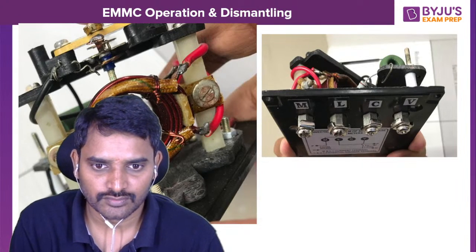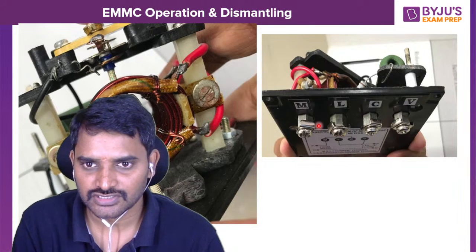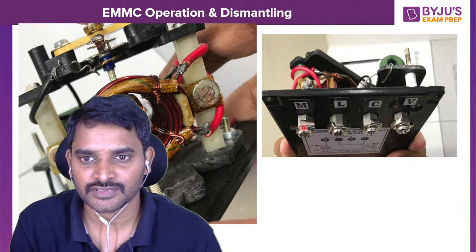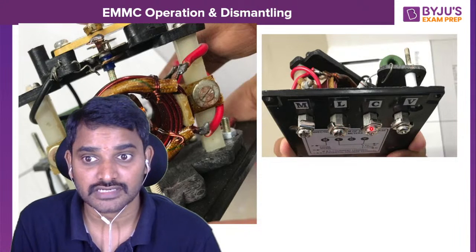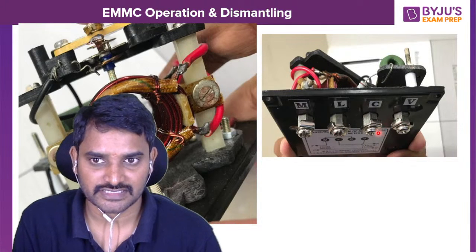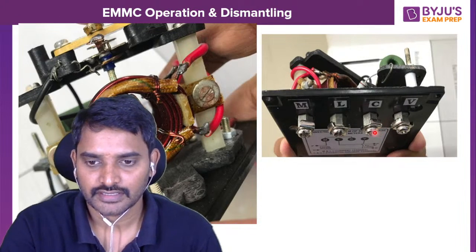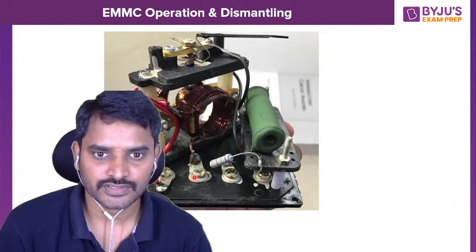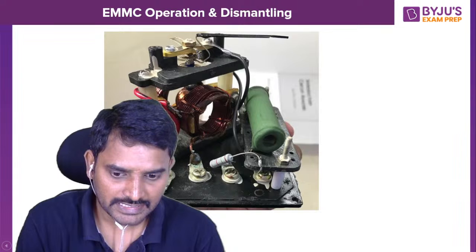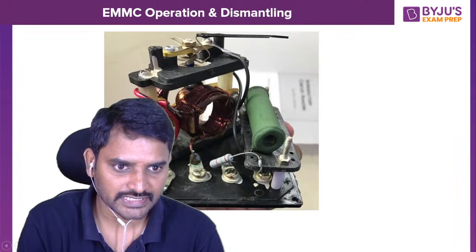And then moving on to the next one. So this is the main terminal, line terminal or load terminal, and the common terminal and the V terminal. Just now we have discussed. Okay, right. Now if you see this one clearly, try to watch it clearly.